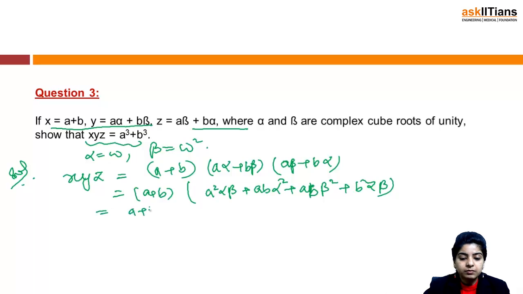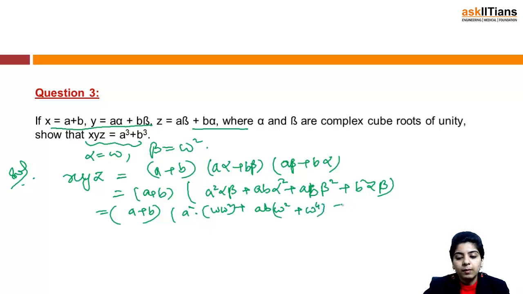So this becomes, now alpha is omega and beta is omega square, so alpha beta is omega cube, plus ab as it is, alpha square is omega square, plus beta square, beta is omega square, so beta square becomes omega 4, plus b square, alpha beta is again omega cube. Now we know 1 plus omega plus omega square is 0 and omega cube is 1.